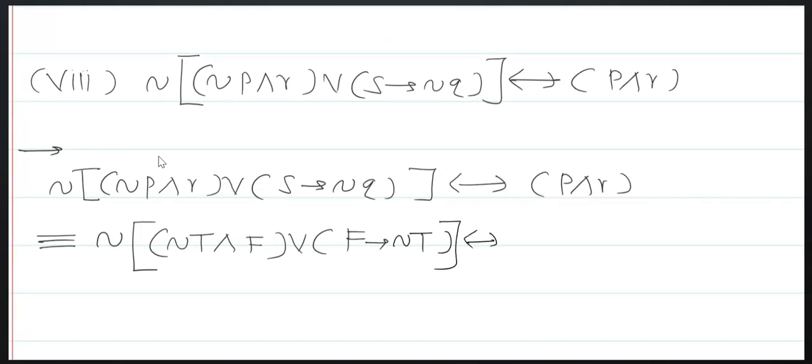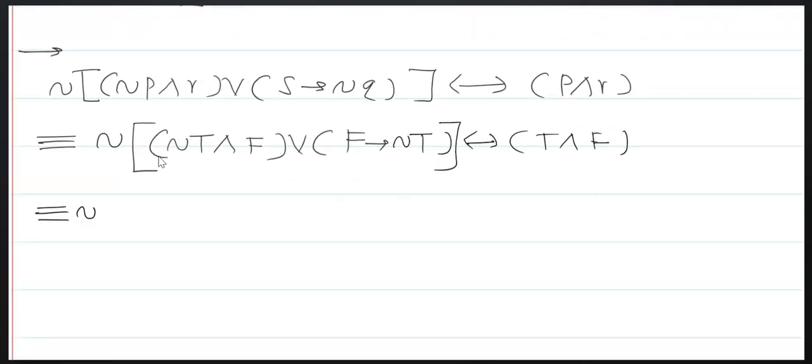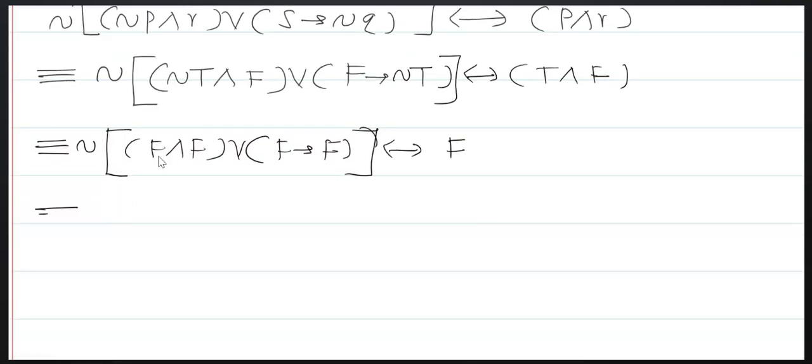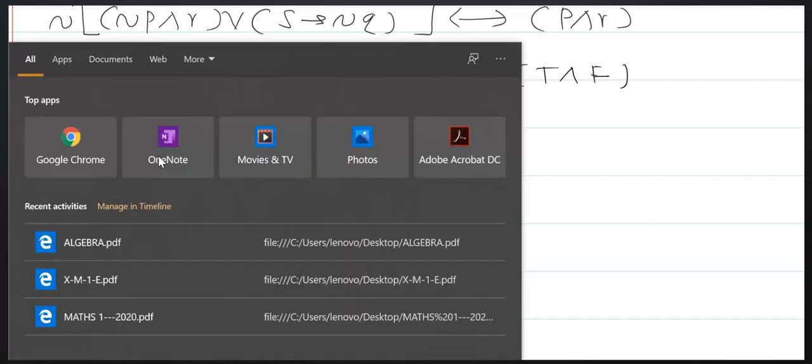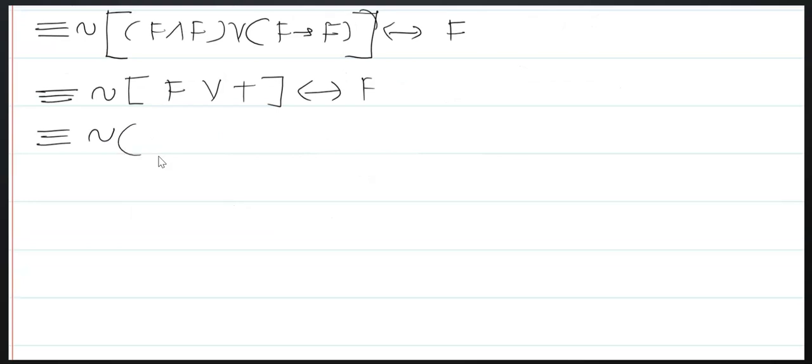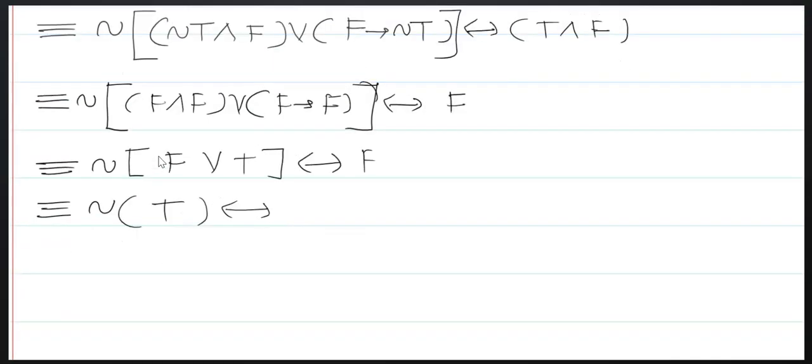Next is double implication T and F. Now here is negation in bracket, negation of T is F, and F or F implies F, double implication T and F is F. Now this is negation in bracket F or T, double implication is F. We solve this bracket first.